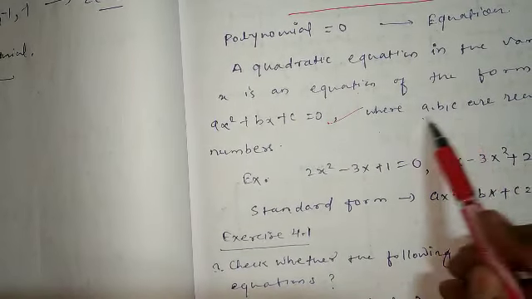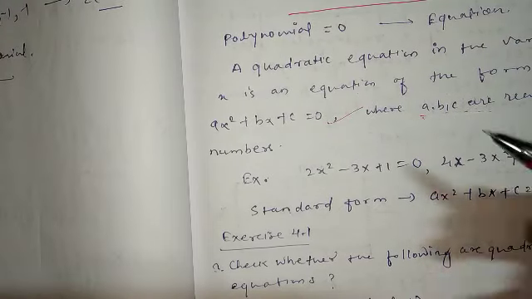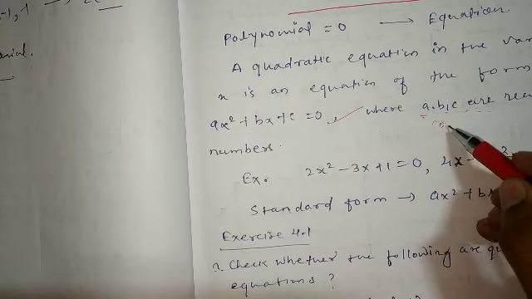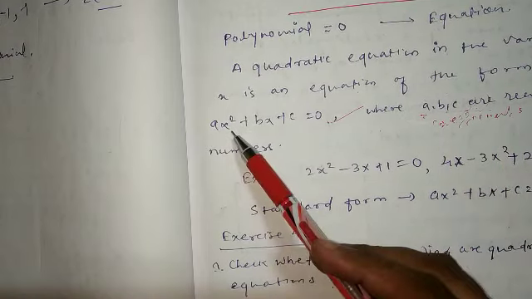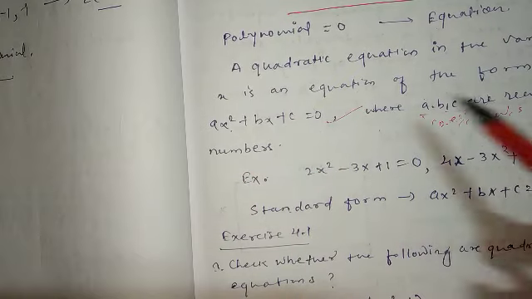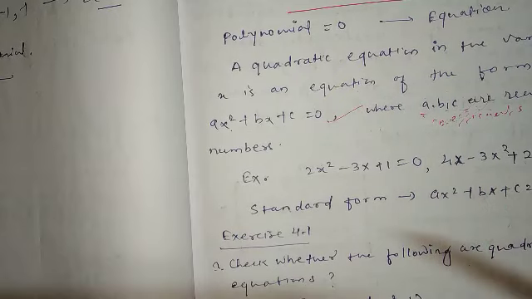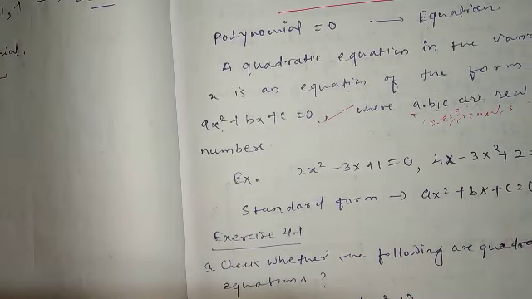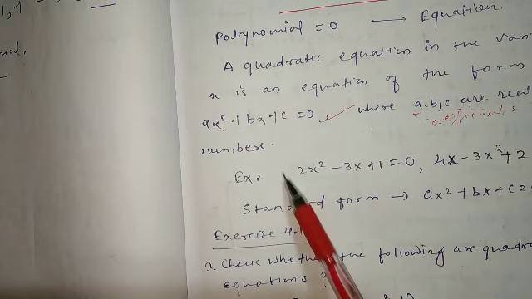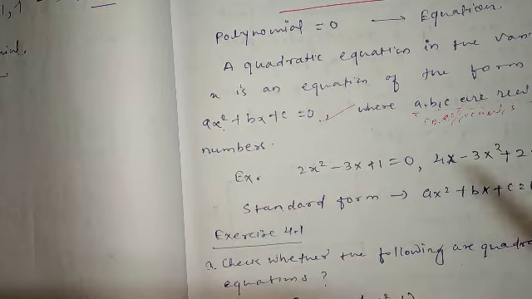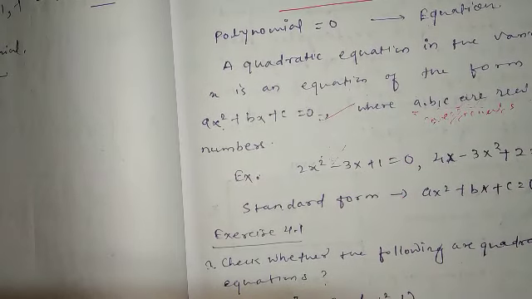And these are the coefficients of x square, x, and the last one is the constant term. These are always constant, that is some number like 3, 4, 5, 6, something like that. This type of equation is known as the quadratic equation.